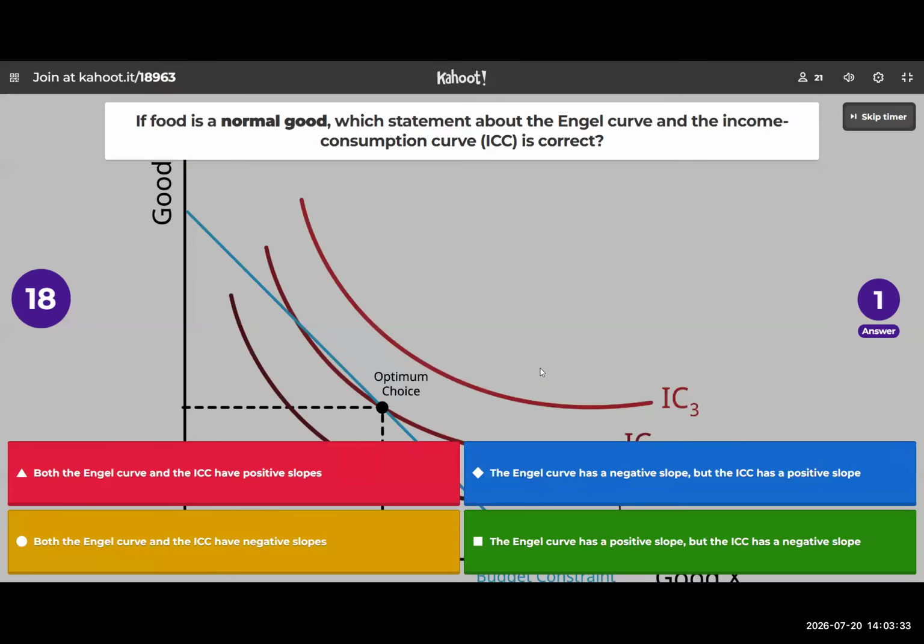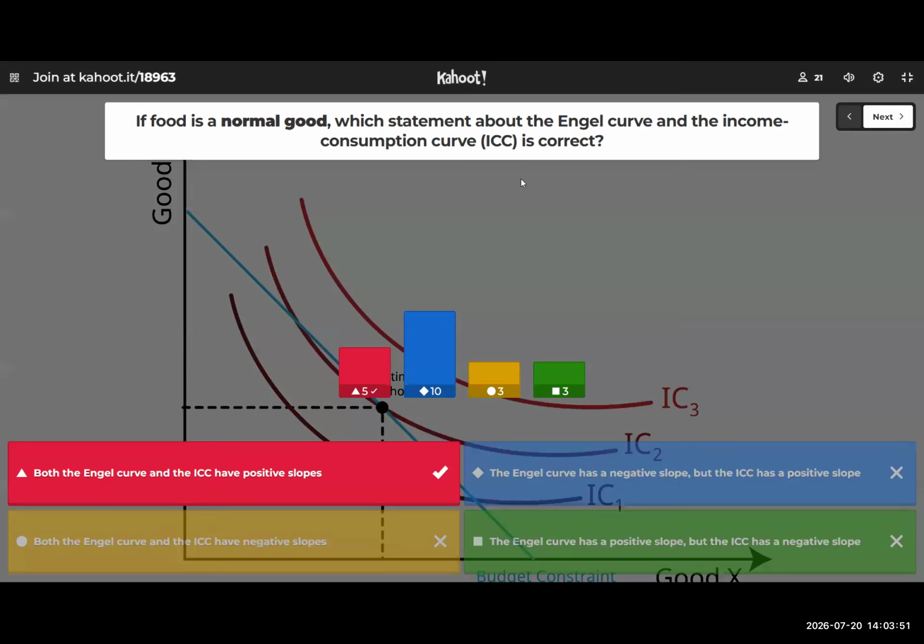If the food is a normal good, okay, normal goods, if you have more income, you're gonna buy more of it.